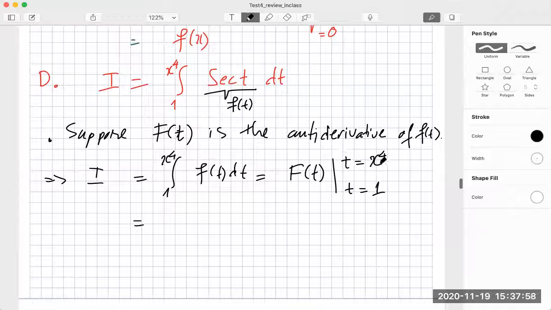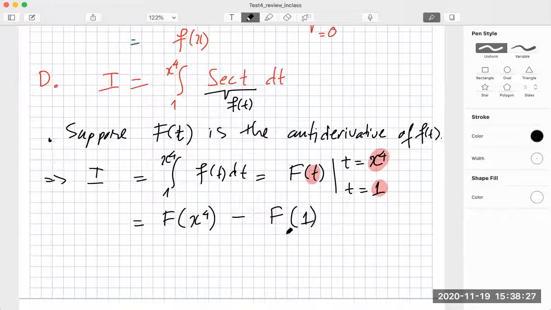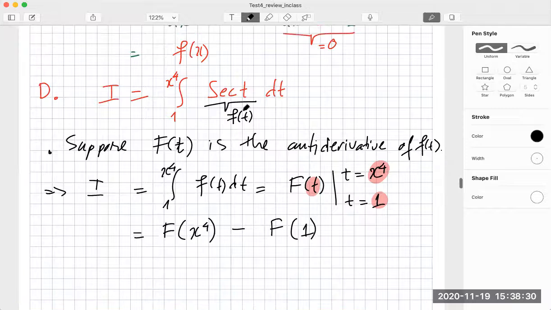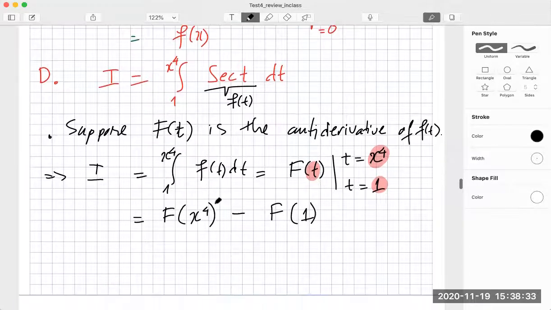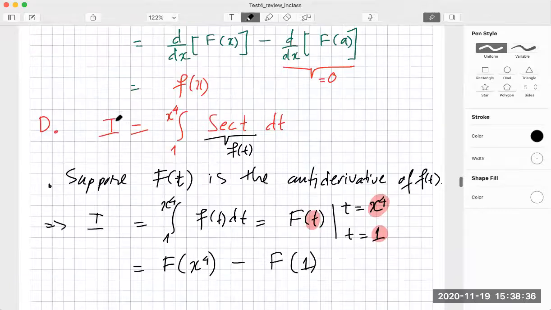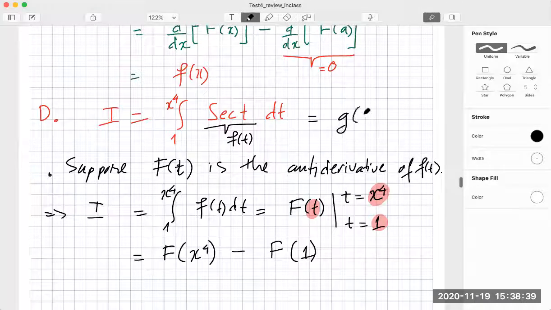Then we evaluate the value of the upper limit first, right? And what do we have here? It would be x to the 4th power. Very good. Capital F of x to the 4th minus F of 1, right? And this is the antiderivative of this guy. And as we define that this is the function g of x, right?